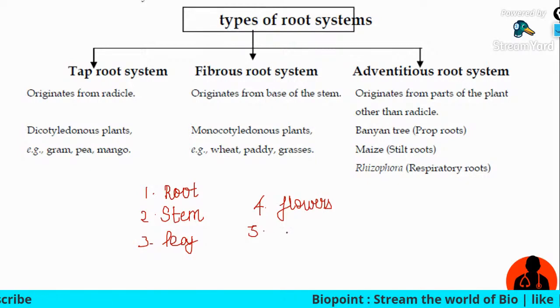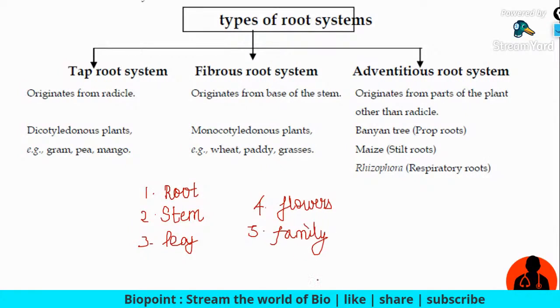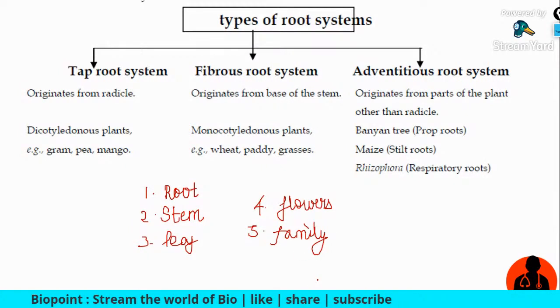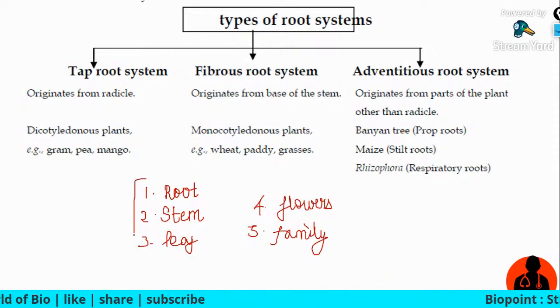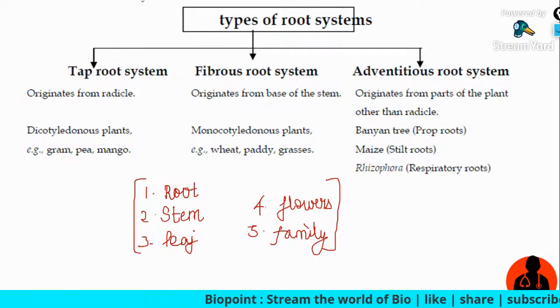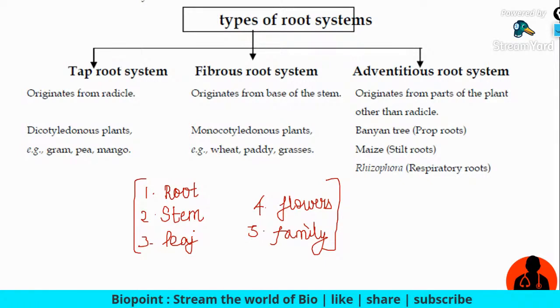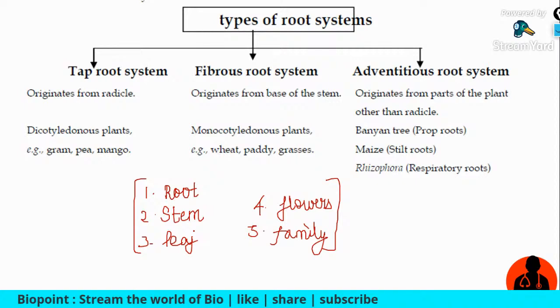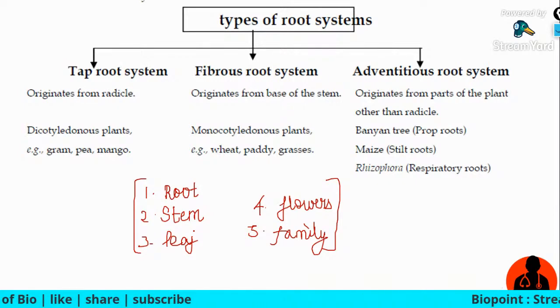Fifth, the family of flowers. I will try to complete all 5 divisions in today's class itself, even if it extends up to 1.5 hours. Clear?